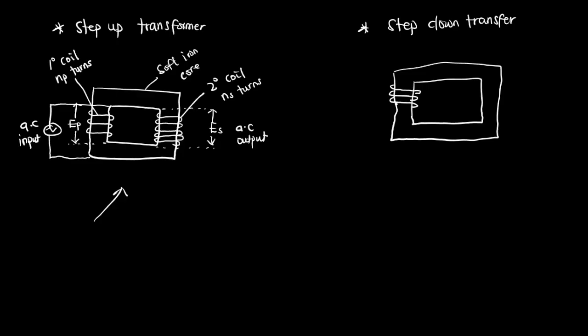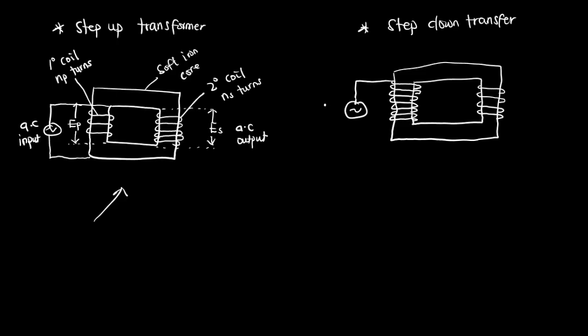So we have a lot of turns over here, but then on the secondary side we have, let's say, just a few number of turns, something like this. Let me even add more here. So if you look at this, obviously the number of turns on the primary side is more than on the secondary side, right? So let me complete the drawing.